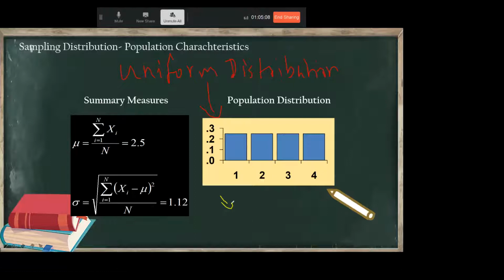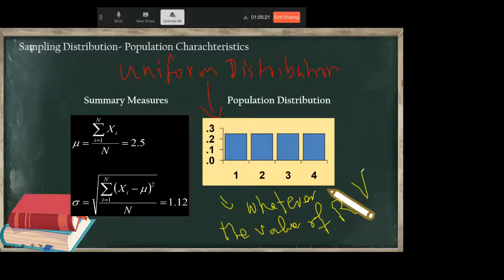Whatever the value of a random variable, the likelihood of occurrence is the same, it's equal.